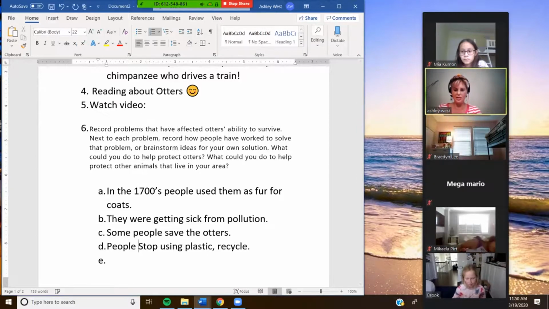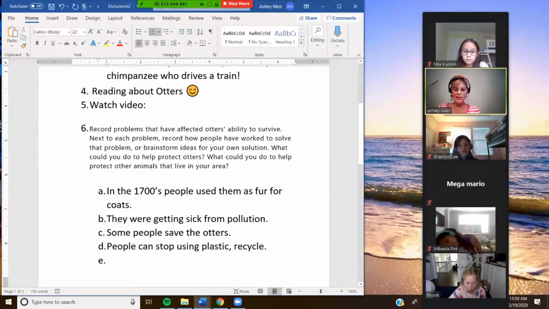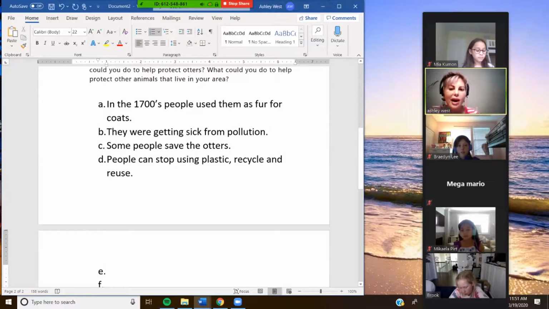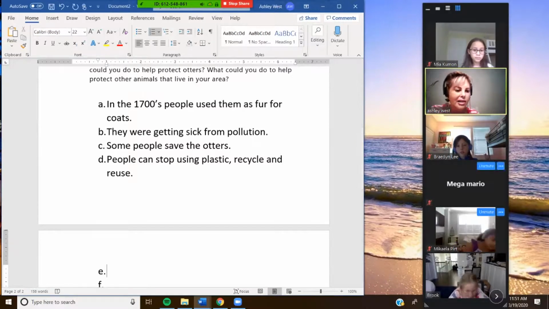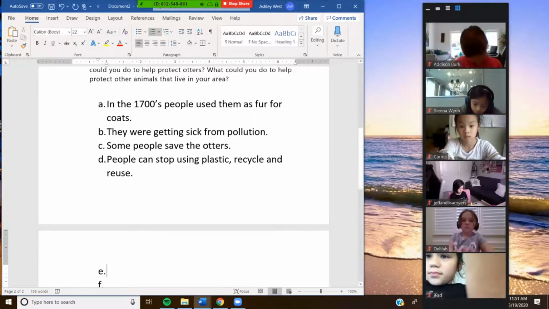Yes. So we can stop using plastic, recycle, and reuse, right? Does anyone else have maybe another idea of how we can help animals just in our local community?